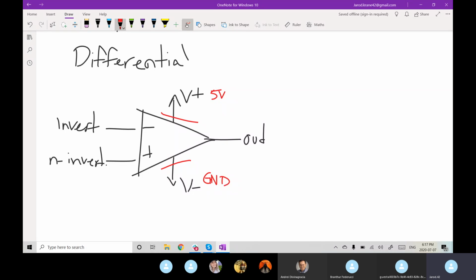But in some applications that you'll use OpAmps in, having your V negative tied to ground isn't ideal, or isn't even feasible in some degree. But simple 5-pin device, 2 inputs and output, and then your power ground.